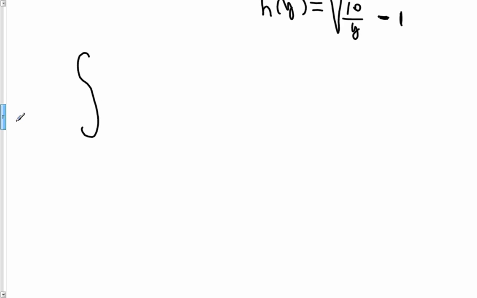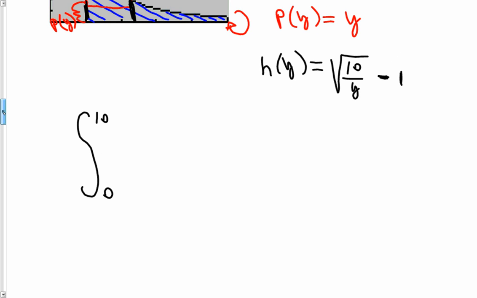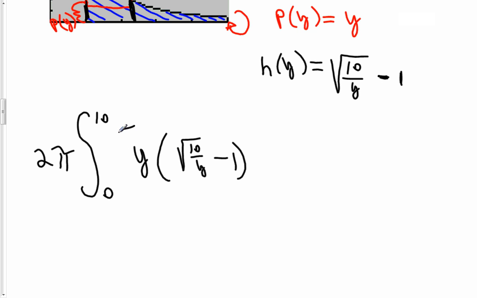So y goes from 0 to 10, and it has to be 2 pi. I forgot the 2 pi. Then it's going to be py, which is just y, times hy, which is the square root of 10 over y minus 1. And we're integrating this with respect to y.